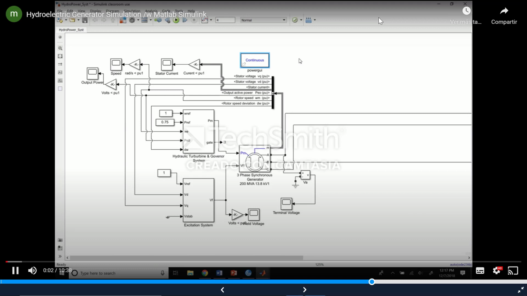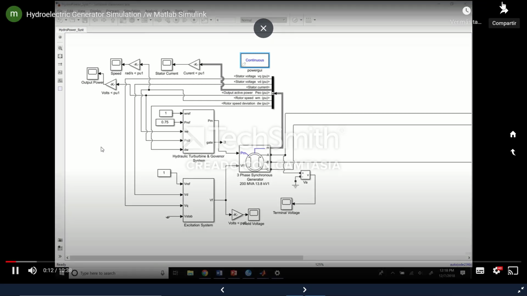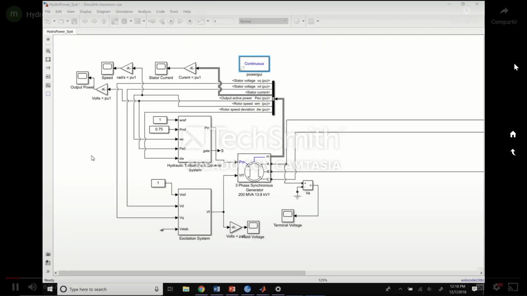Hello, my name is Michael Luciano, and I'm here with Stephanie Lopez, and we're going to talk about our hydroelectric generator simulation using MATLAB Simulink. First, let's go over the layout we have. The main components of the block diagram are the power GUI, the synchronous machine, our hydraulic turbine and governor, and the excitation system.